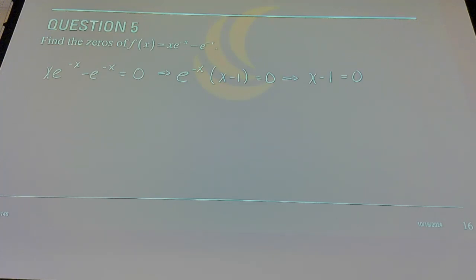Zero divided by a non-zero number is still 0. So this just means that x minus 1 has to be 0. Which means what? So you have a single solution in your solution set.